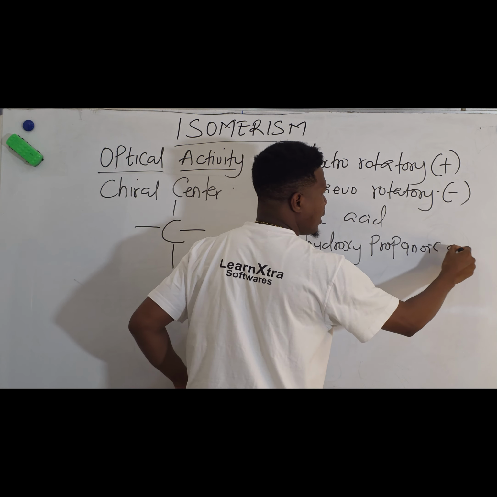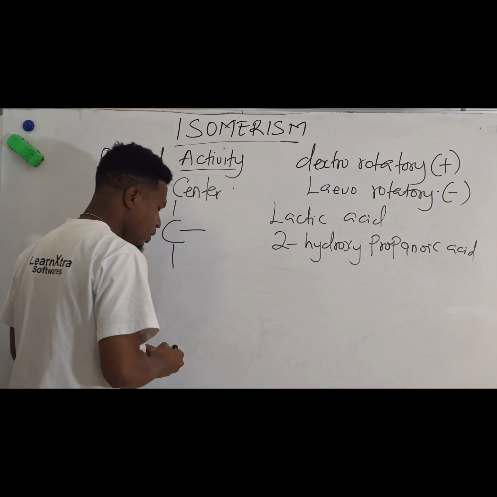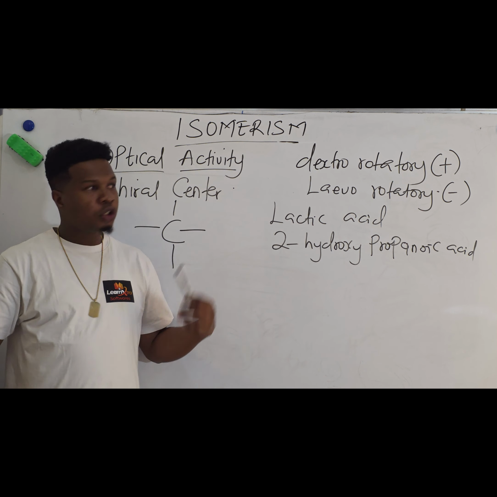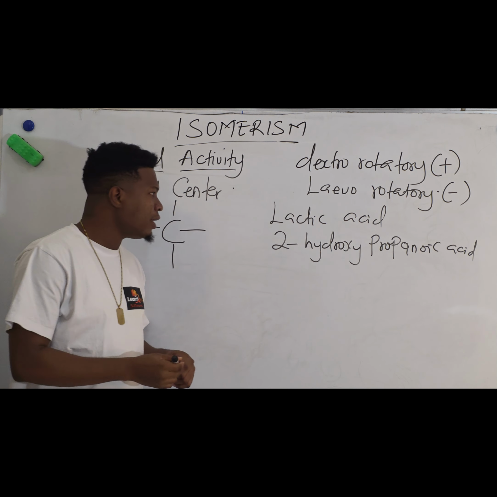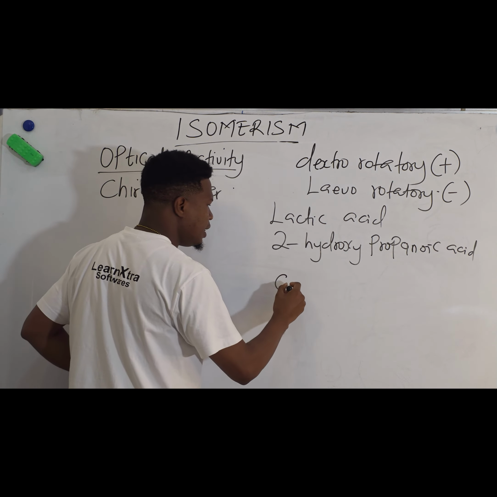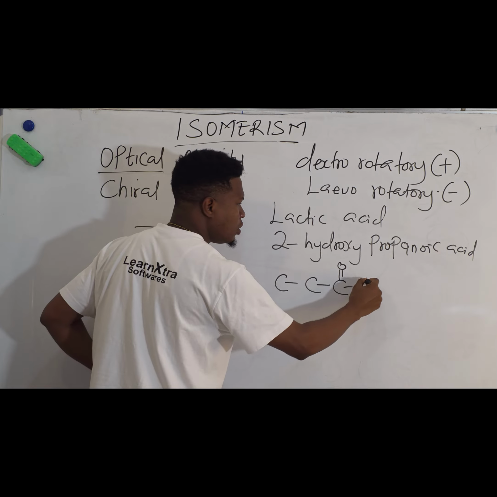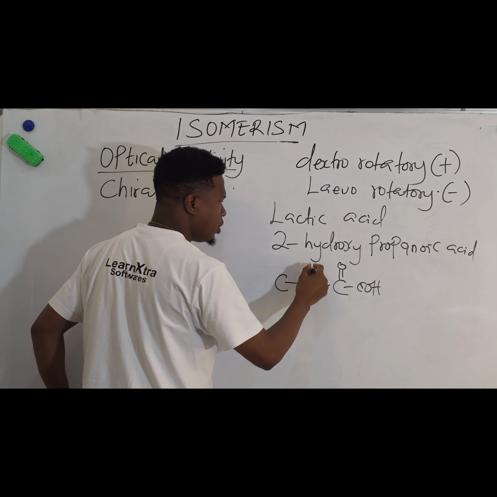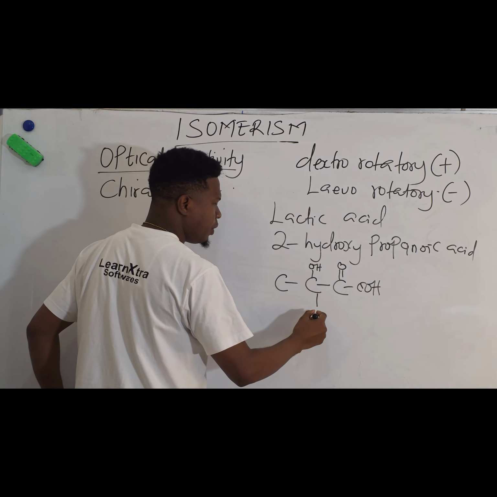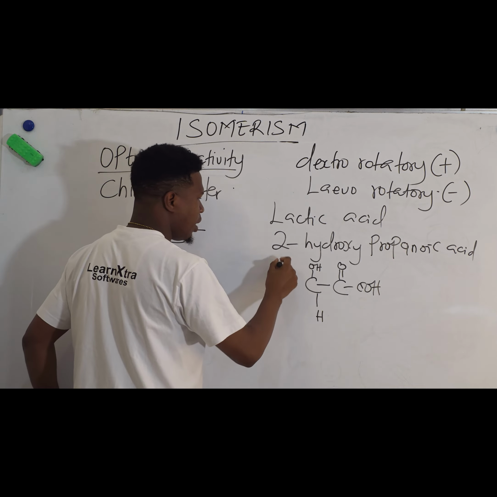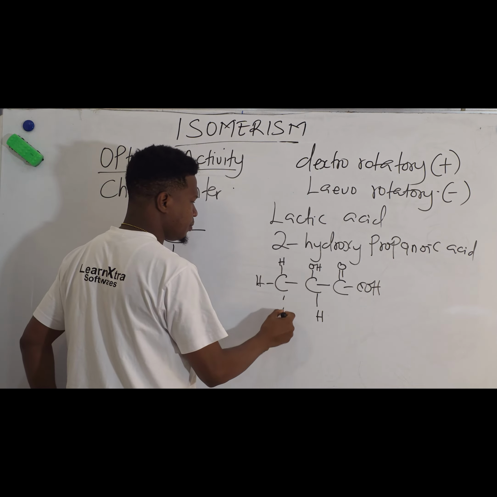Now, how do we draw the structure of this compound? We have C double bond O, this is OH. Then 2-hydroxy, let's put the OH here, let's put H here. Then we have this.